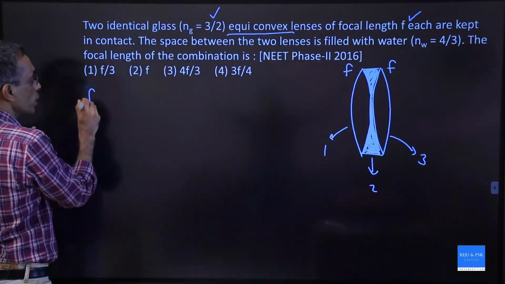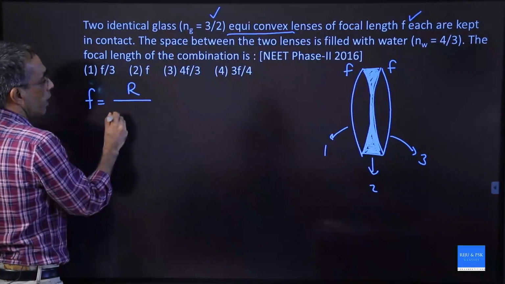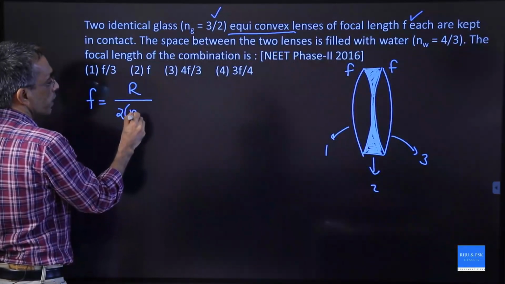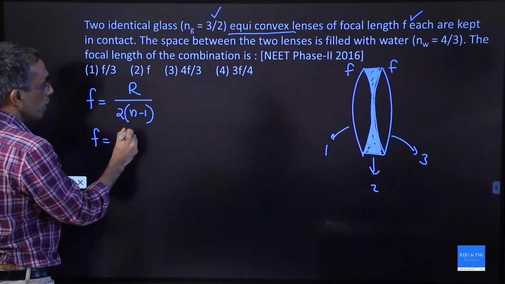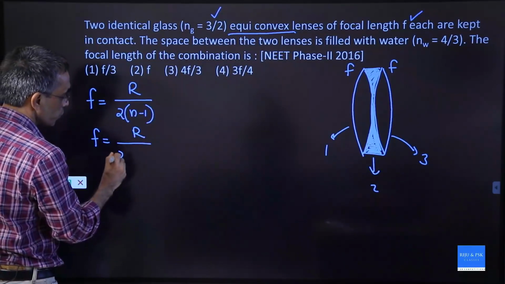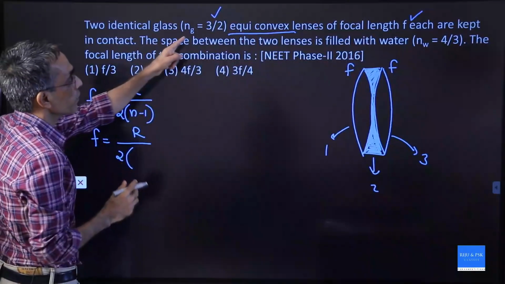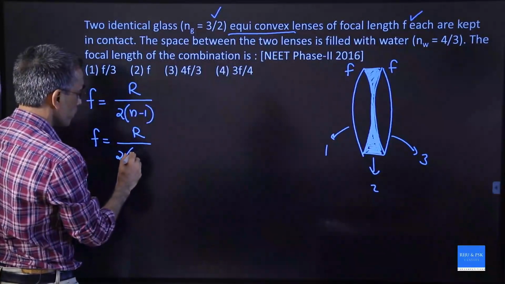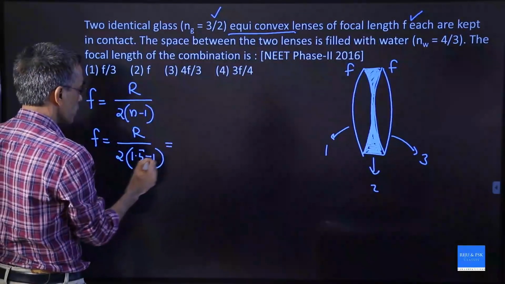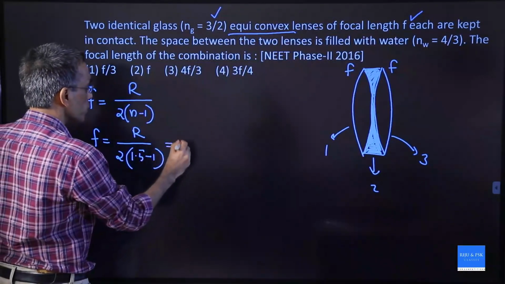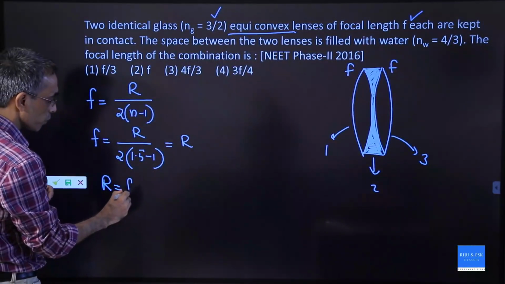Let us apply the shortcut equation for a double convex lens focal length: f = r divided by 2 times (n minus 1). So, f is given to you, r is not given, and 2 times (refractive index of glass, given 3/2, which is 1.5, minus 1) is equal to 1. So f = r/2 times 1/(1/2)... that is, f equals r. So, radius of curvature is equal to focal length.